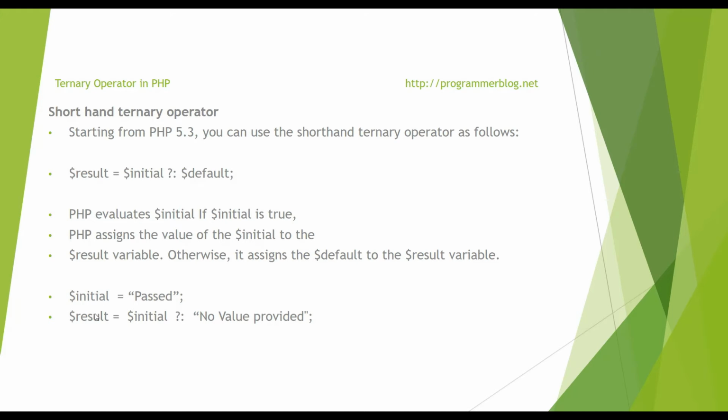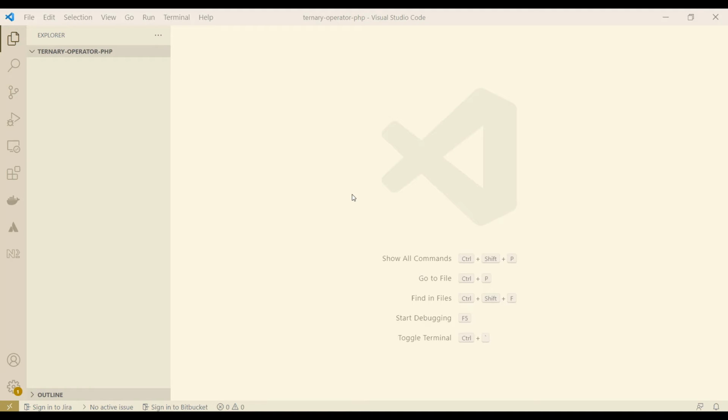So let us write some code to understand the ternary operator. Open your favorite IDE like Visual Studio Code and create a folder named ternary-operator-php in your WAMP or XAMPP. I will add a new file and name it index.php.